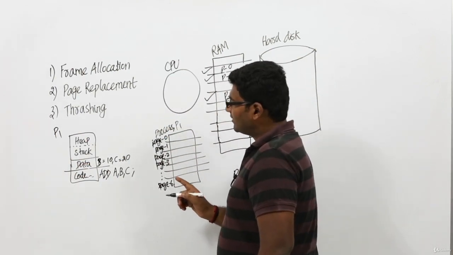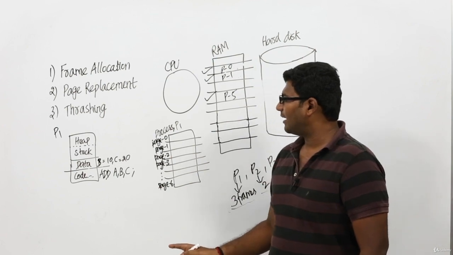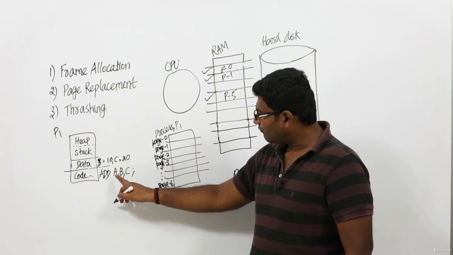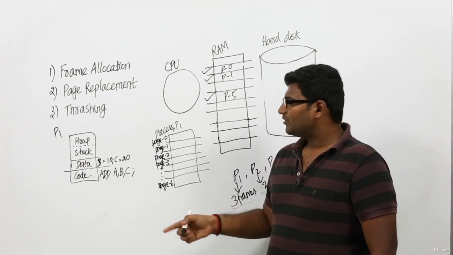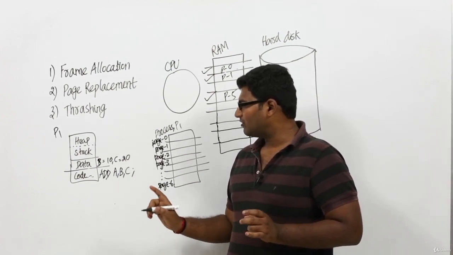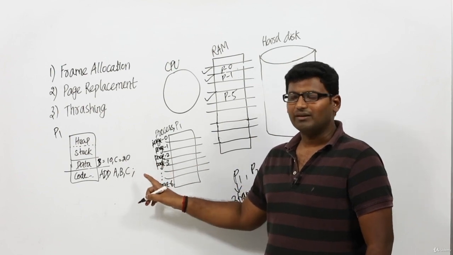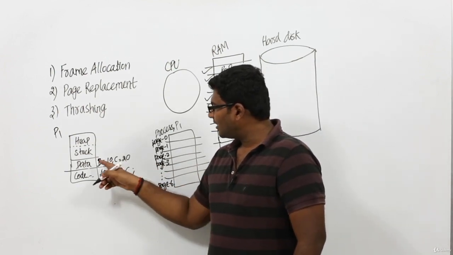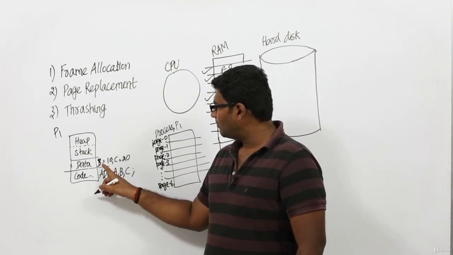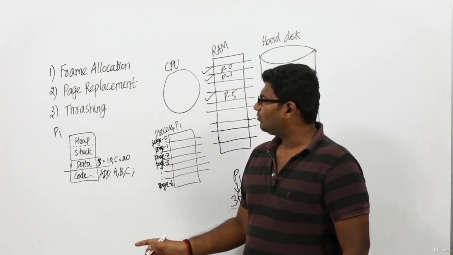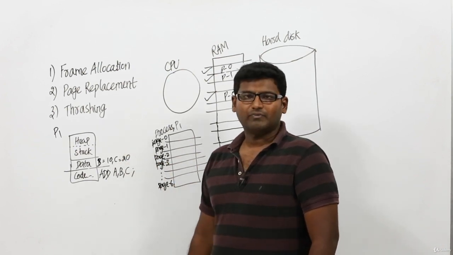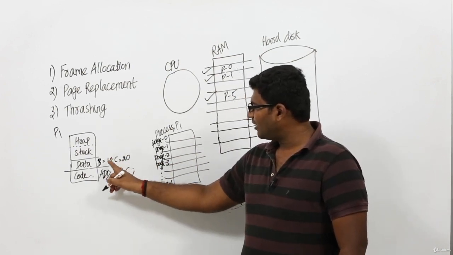Now let us assume our process P1 has an instruction named add A, B, C. What it means is the values of B and C will be added and the result will be stored in variable A. B and C are two variables, and they have values 10 and 20.